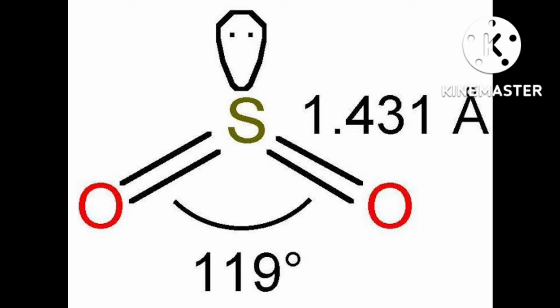Now I am coming to the next molecule, that is the type AB3E. E means lone pair, capital E, capital A, capital B, AB3E.